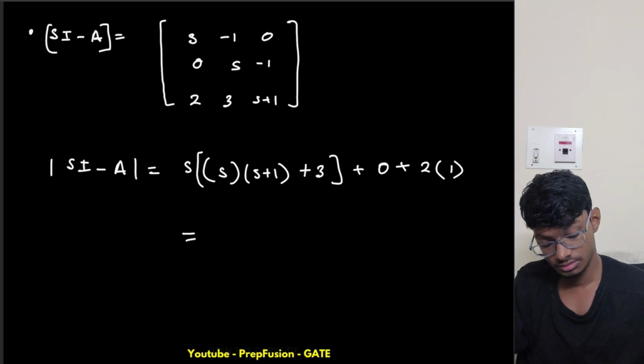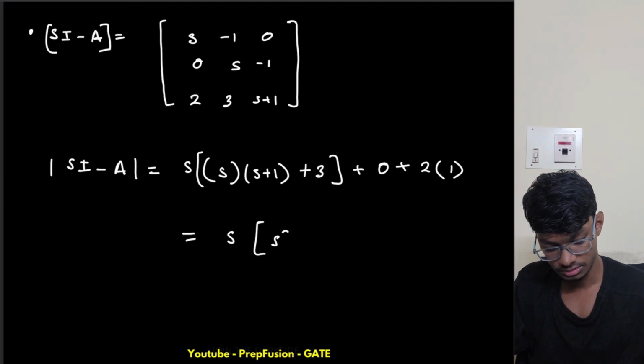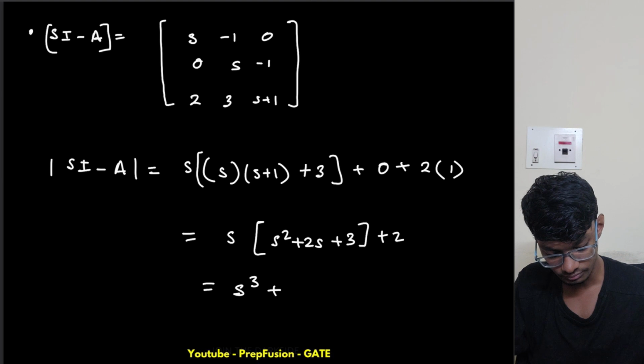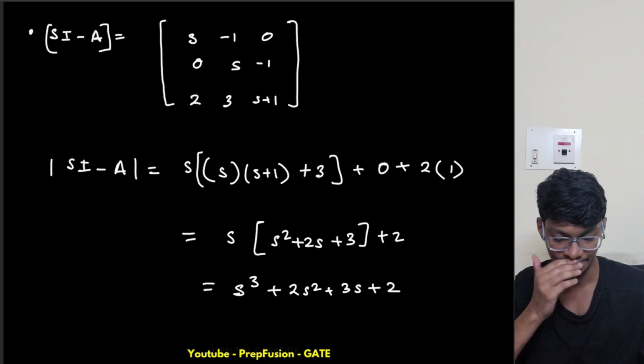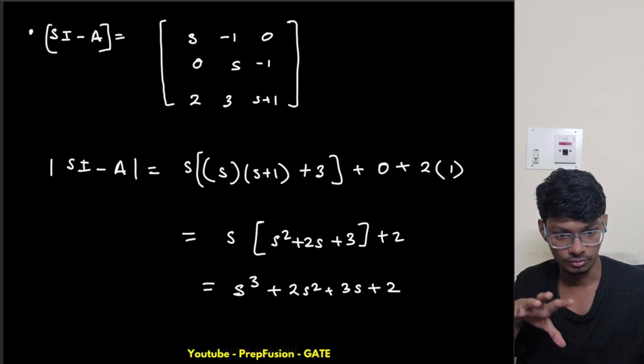So this breaks down to s square plus 2s plus 3 plus 2, which is s cube plus 2s square plus 3s plus 2.